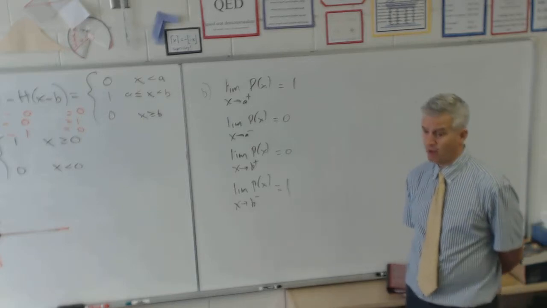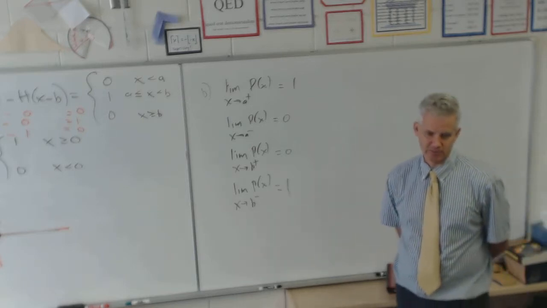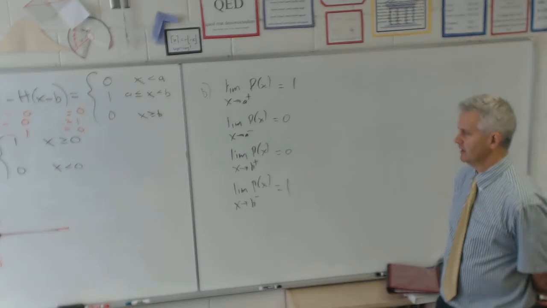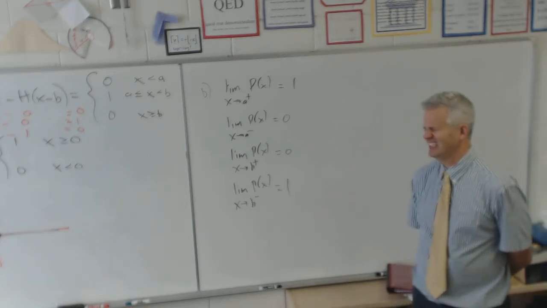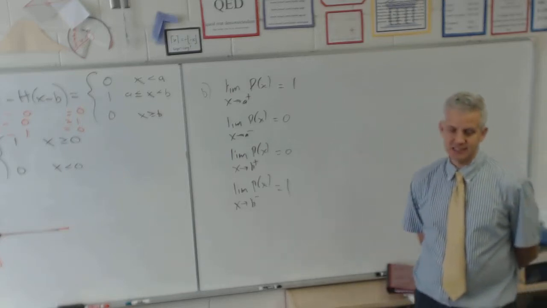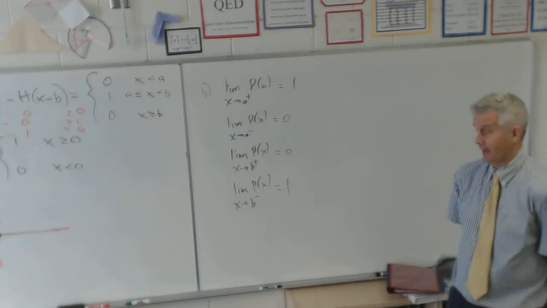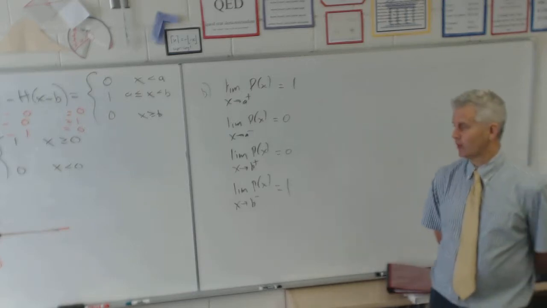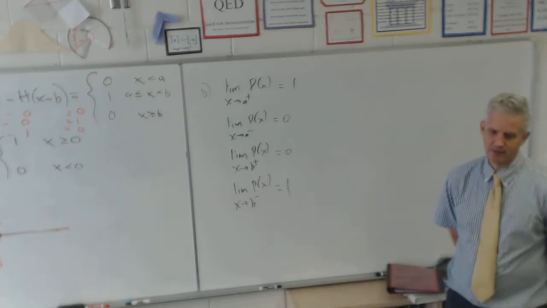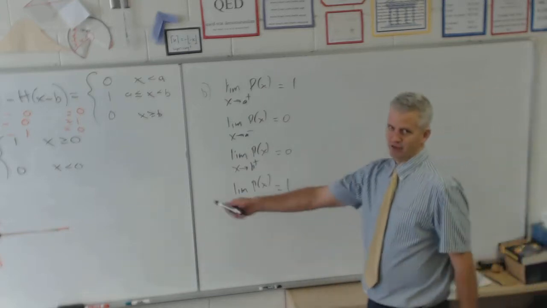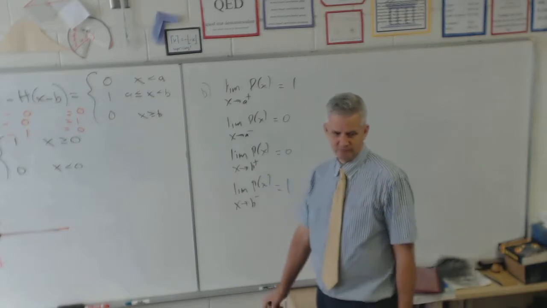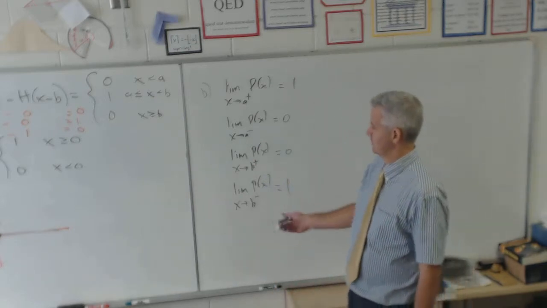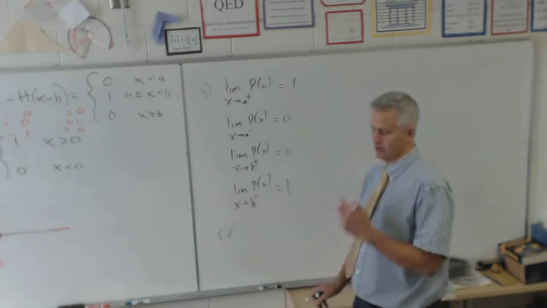So it's continuous everywhere but at x equals A and x equals B. I don't think it's fair in this case to say it's not continuous. Actually, it's fair to say it's not continuous, but it's probably more helpful to say it's continuous everywhere but where x is A and x is B. Of course, when we have the graph of it, the graph shows everything. It shows all the limits. Part C. Is there part D?